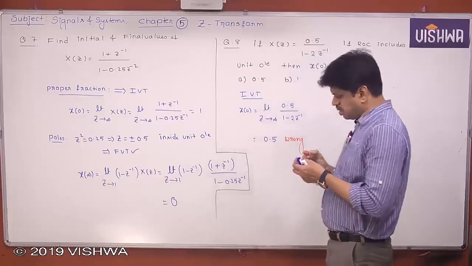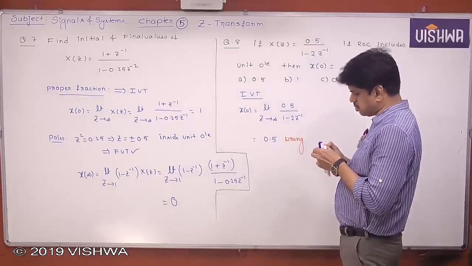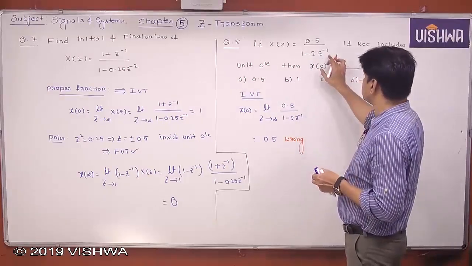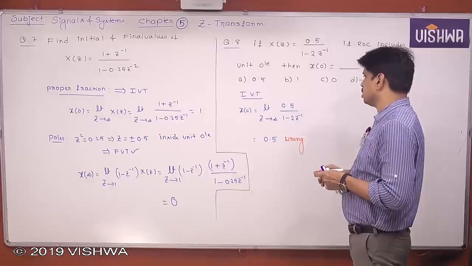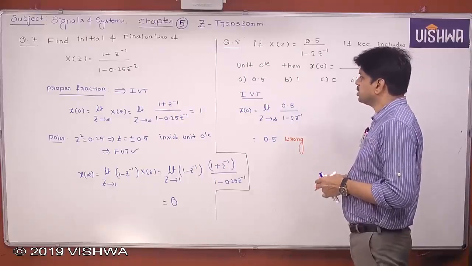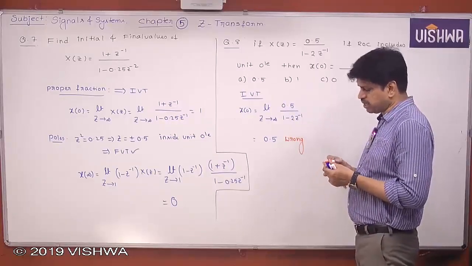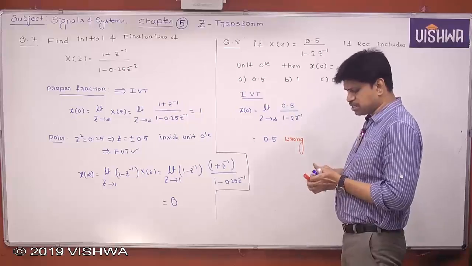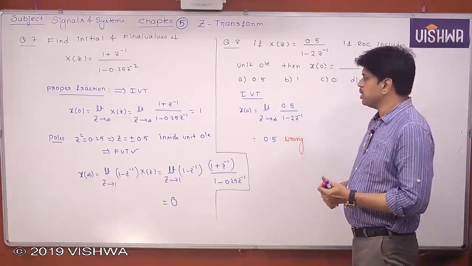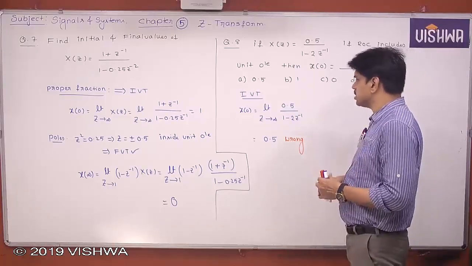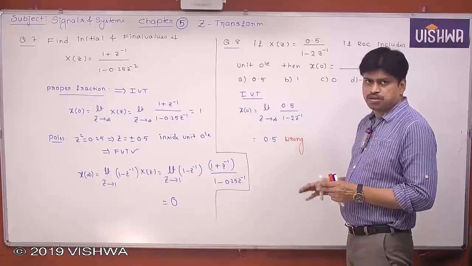Why is it a wrong answer? You might ask, sir, we have a proper fraction, and proper fraction means we can apply the initial value theorem, so why are we getting a wrong answer? Okay, proper fraction is fine, I agree with that. But is it satisfying the first condition, that means causality? First we have to check that.